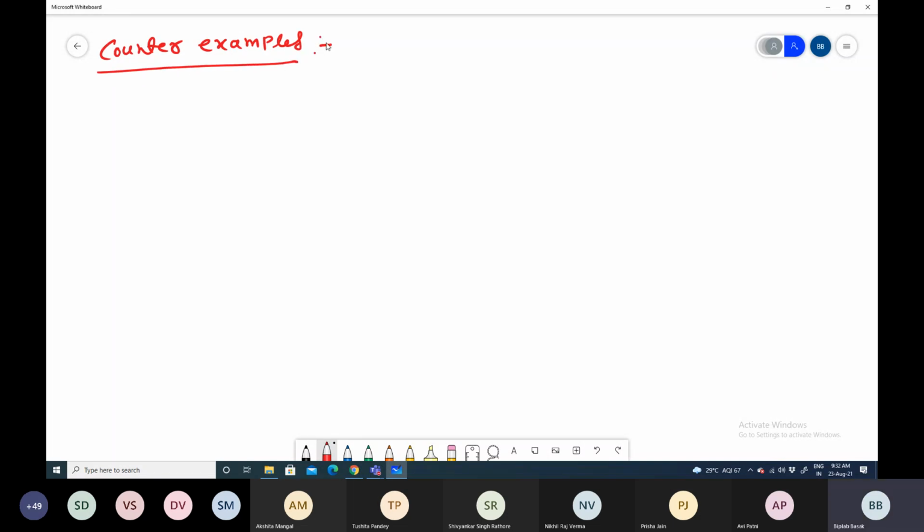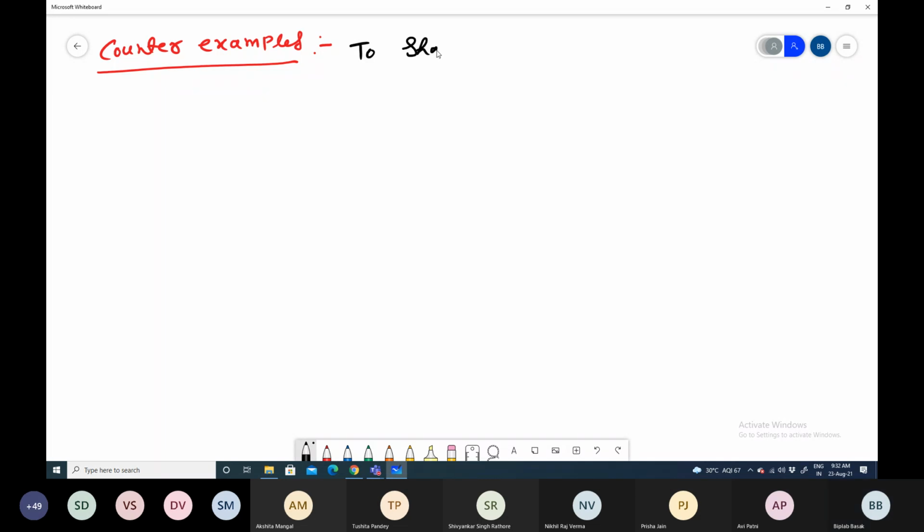This is also a part of proof. If a proposition is given, then you can prove that proposition by counter examples.